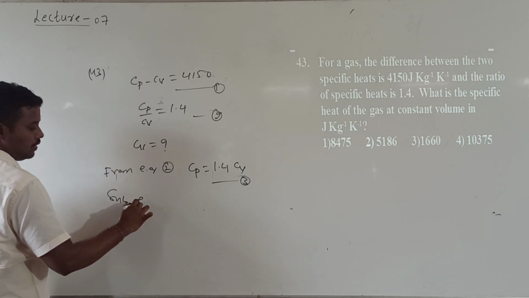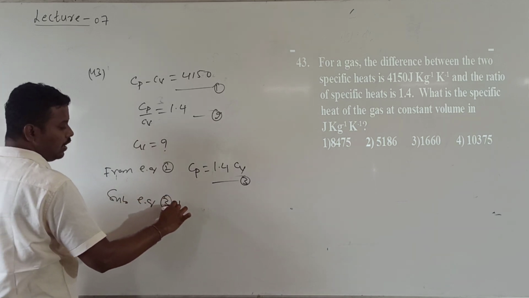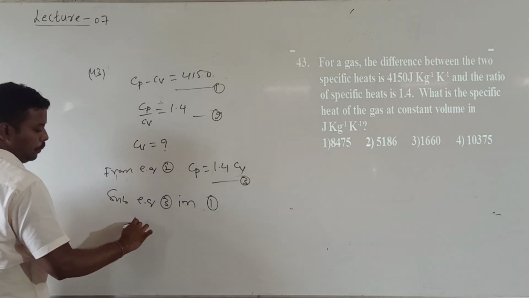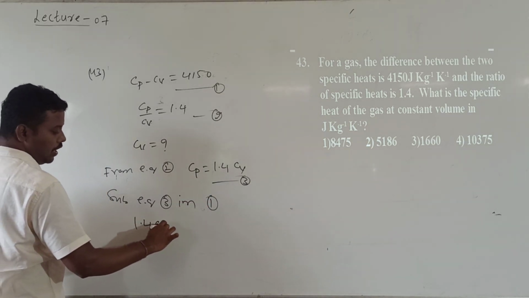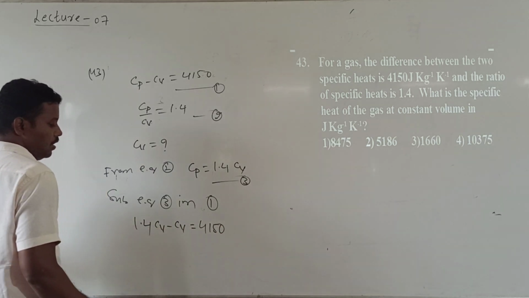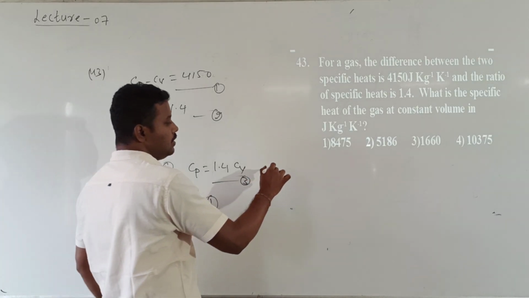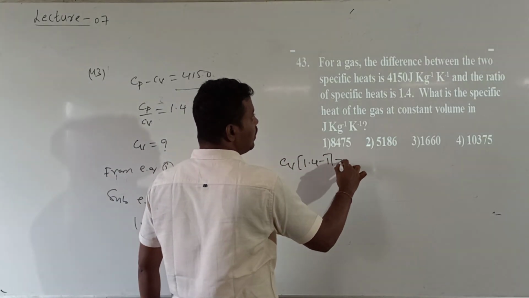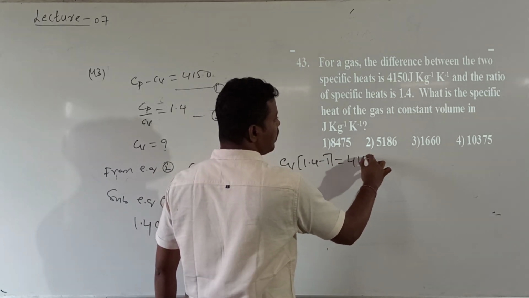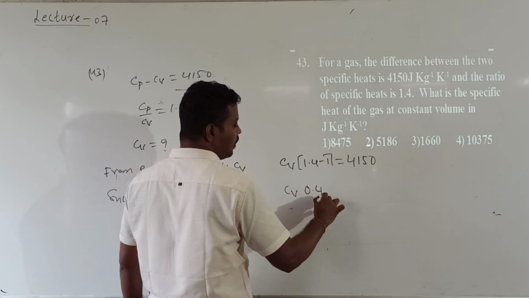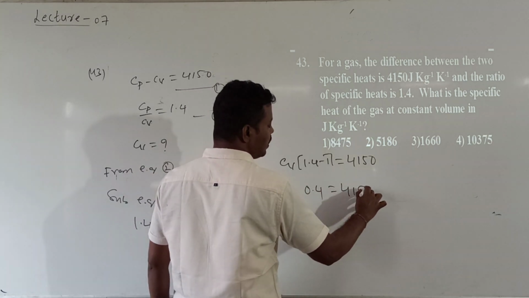Substituting equation 3 in 1: 1.4 Cv minus Cv is equal to 4150. Taking Cv common, Cv into (1.4 minus 1) is equal to 4150, so Cv into 0.4 is equal to 4150.